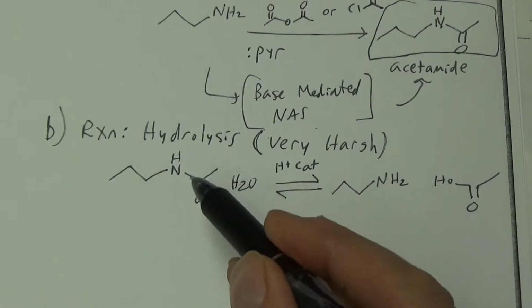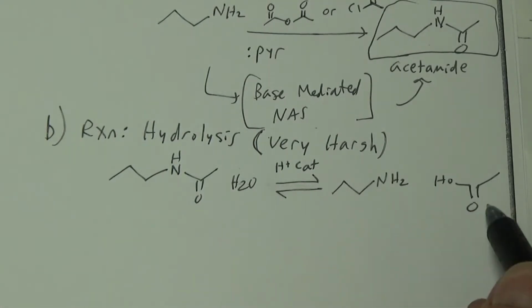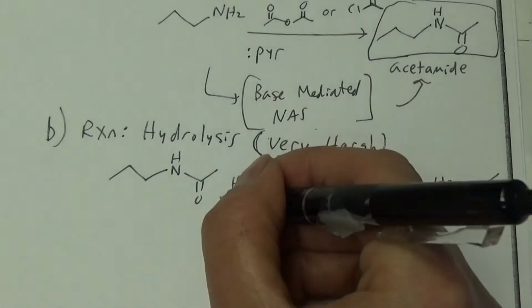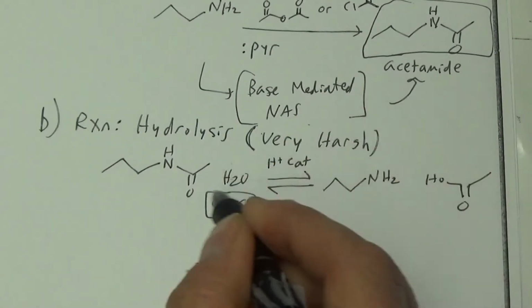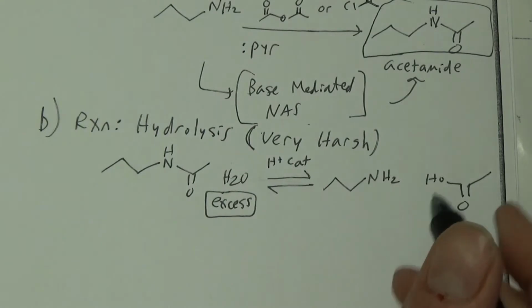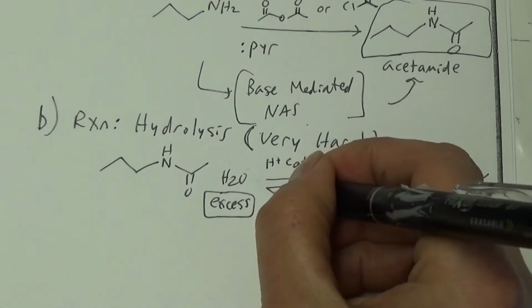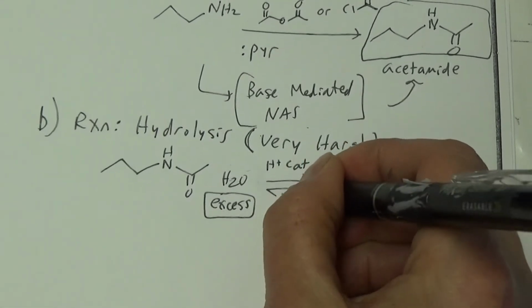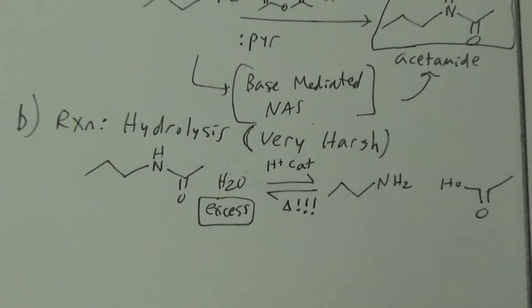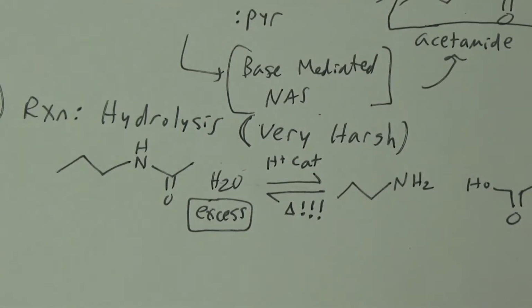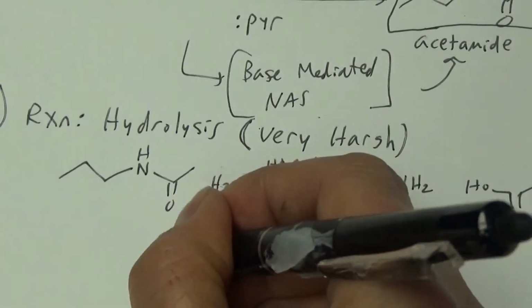So we're going from A plus B to make C plus D, and you probably use excess water when we're doing this, so we're just going to force it. We're going to force hydrolysis. But you usually need a lot of heat!!! And usually a lot of time, so you might have to boil it in acid overnight or something like that. The mechanism is really easy, and I'm not even going to do it.